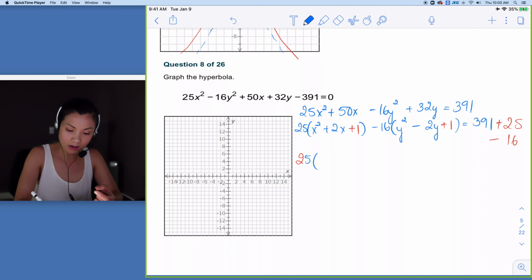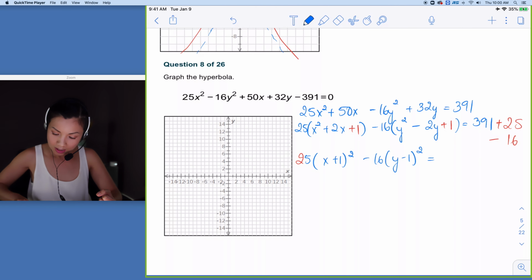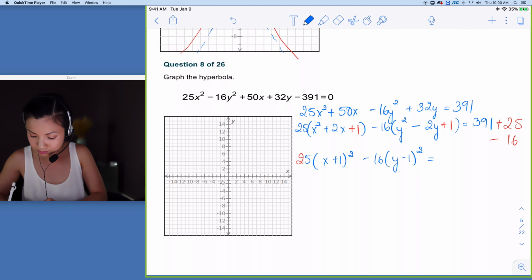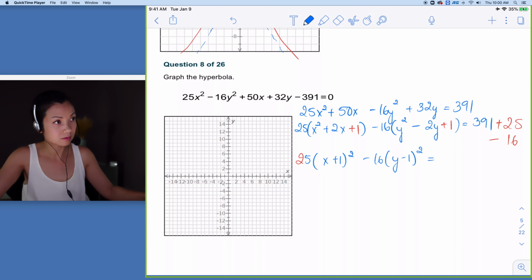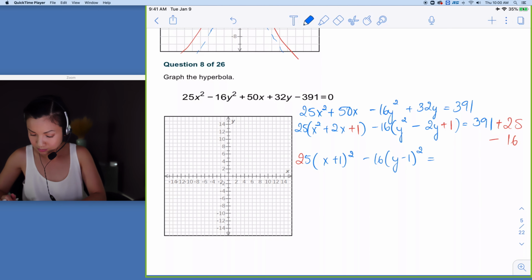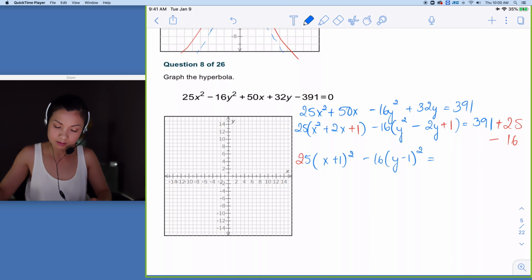Now what we have is x plus 1 squared minus 16 times y minus 1 squared equals, and then we're going to calculate it. It's going to be 400.